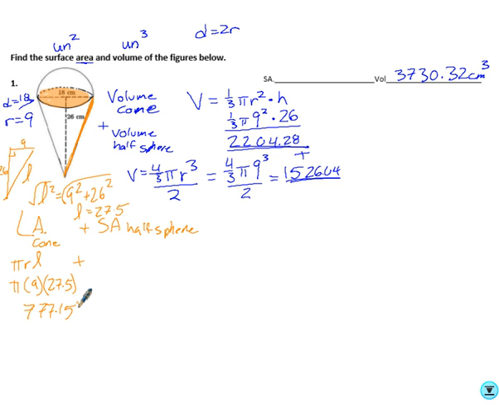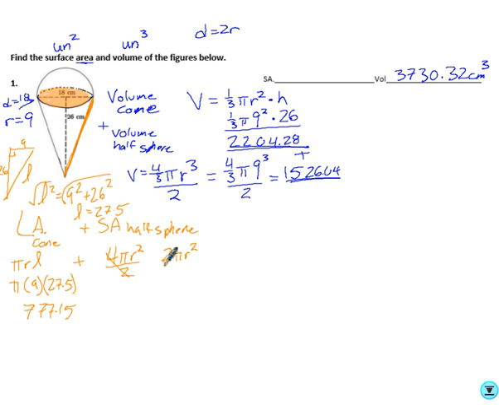And then the surface area of the half sphere. Surface area of a sphere is 4 pi r squared. But again, we are doing half of that, so we can just divide it by 2. If you notice here, 4 divided by 2 can be simplified to just 2 pi r squared. So this is what we're going to use here. We could have kept it like this, but I'm just going to simplify.